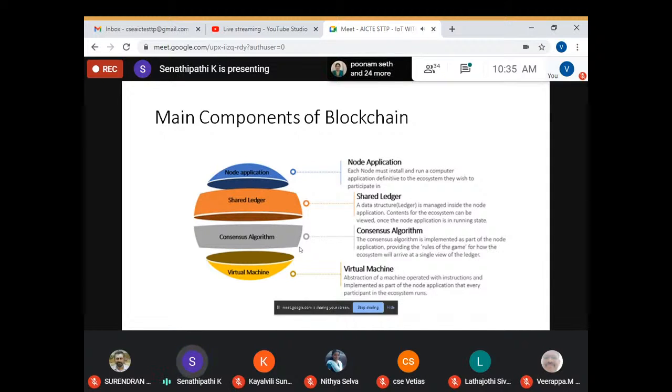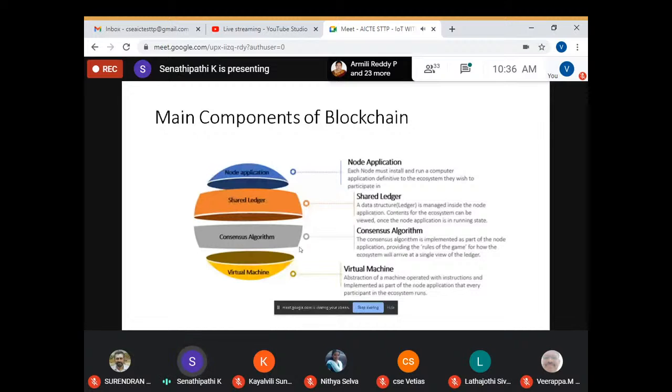The second one is a shared ledger, a data structure which is managed inside the node application. The next one is a consensus algorithm. This is a logical component of blockchain technology, which provides the rules of the game.